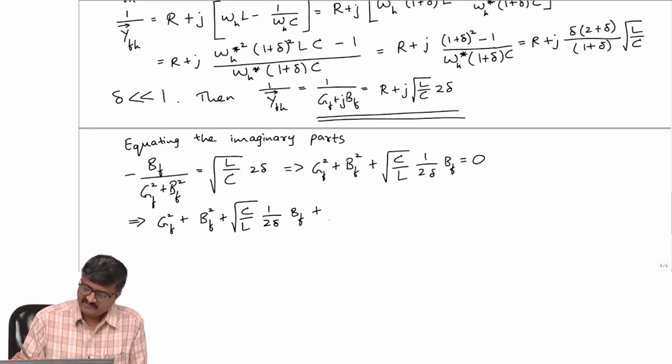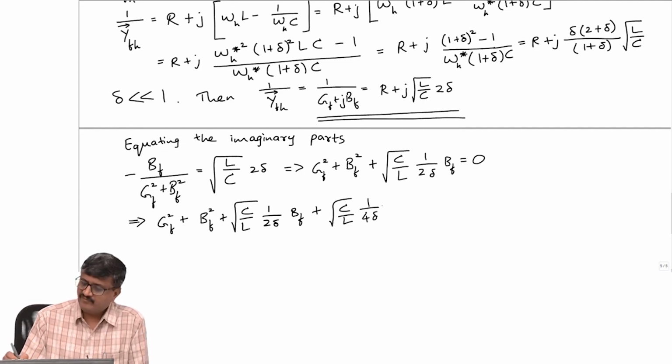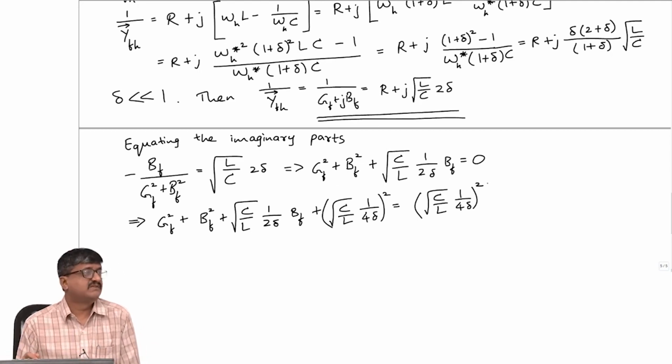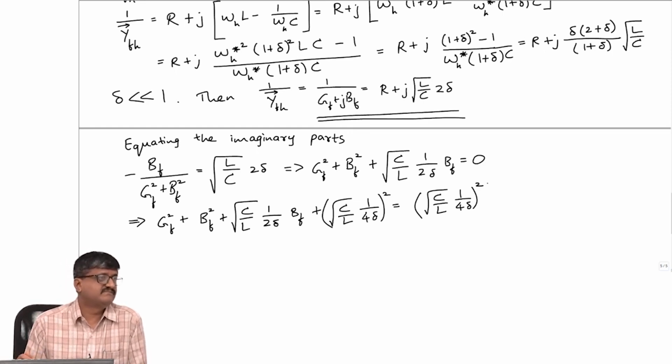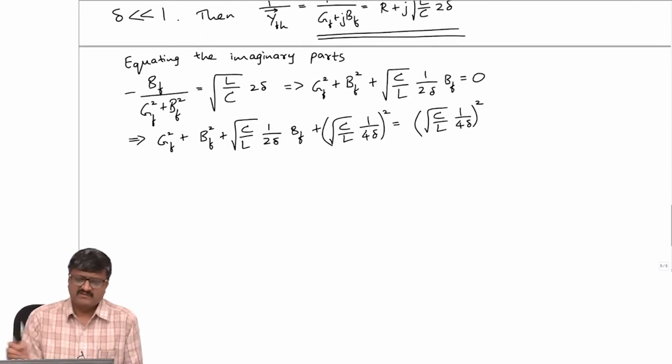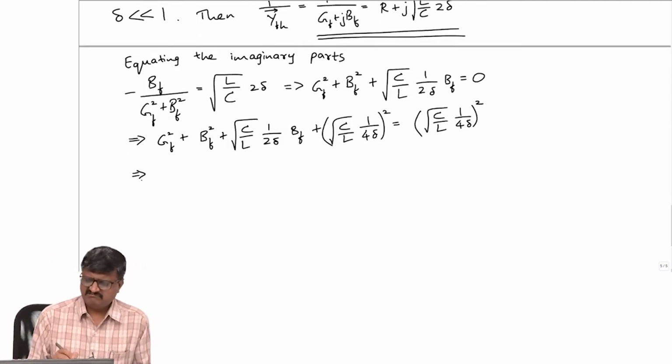So, the term is under root C by L into 1 by 4 delta whole square. So, this is added on both sides. So, what is the purpose? Yeah, I am actually completing the square.